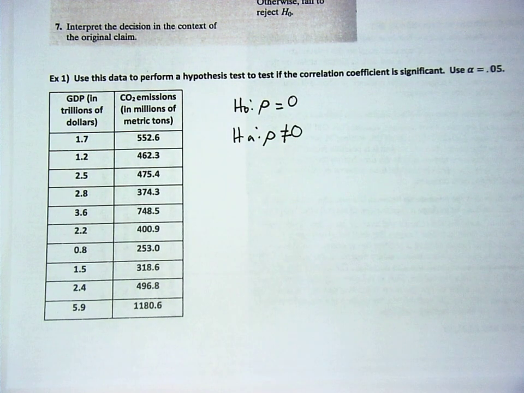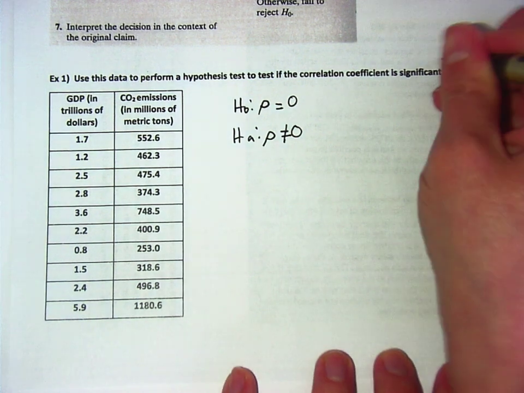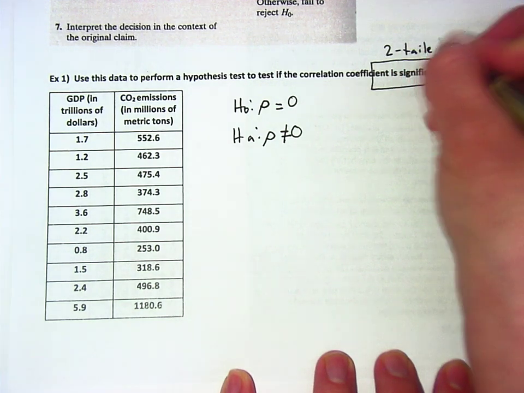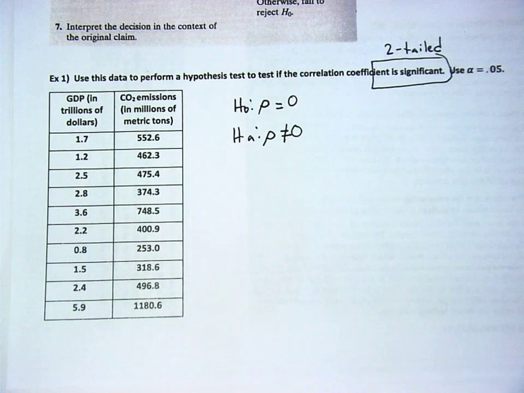This is the one test where you will always, and I do mean always, use 0, no matter what, but it could still be a two-tailed, left-tailed, or right-tailed test. Whenever it says is significant, that is a two-tailed test, because it could be significant with a negative correlation, or with a positive correlation.